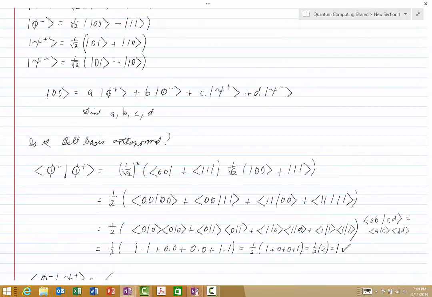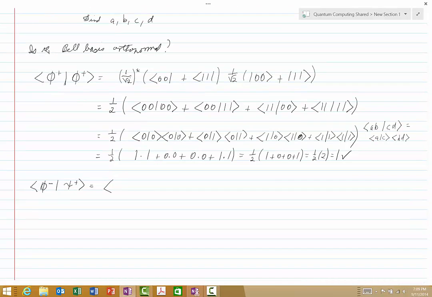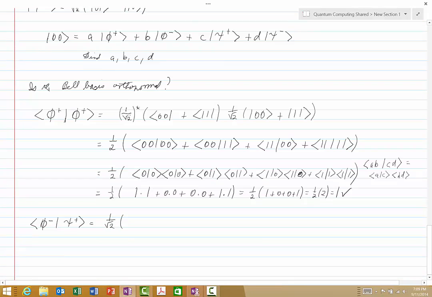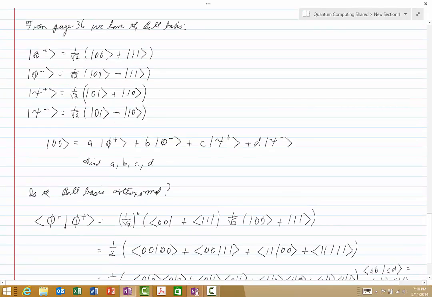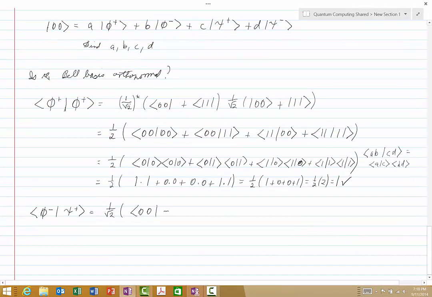Well, phi minus will be 1 over square root of 2 times 0, 0, minus 1, 1. And again, if you want to be very careful, since we're writing the dual of it, we have the complex conjugate of 1 over square root of 2.